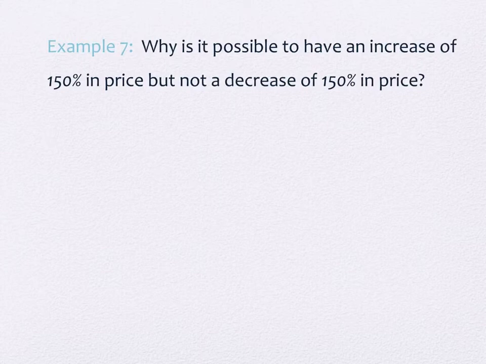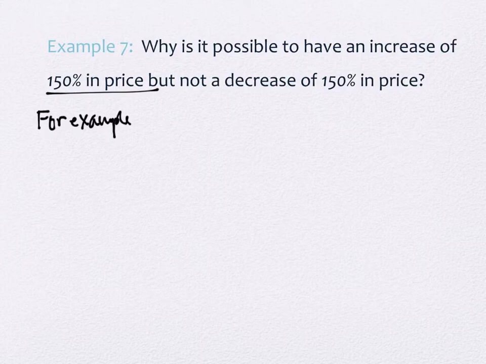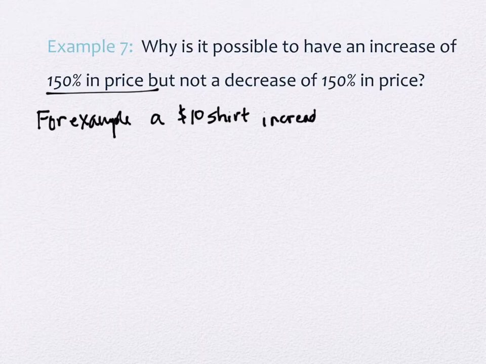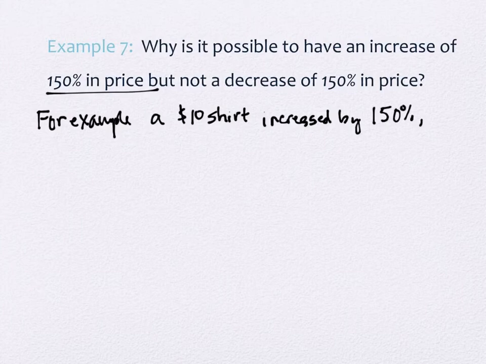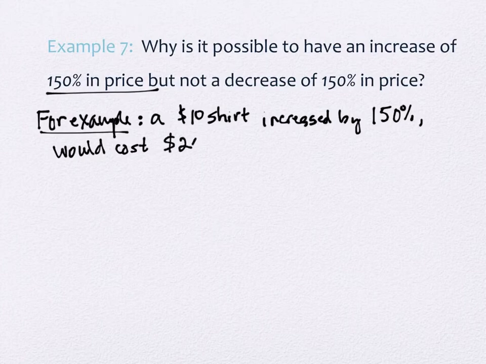Okay, so let's do the increase in price one, and then I'll write down the decrease in price. We've already talked about it, but for example, a $10 shirt increased by 150% would cost $25.